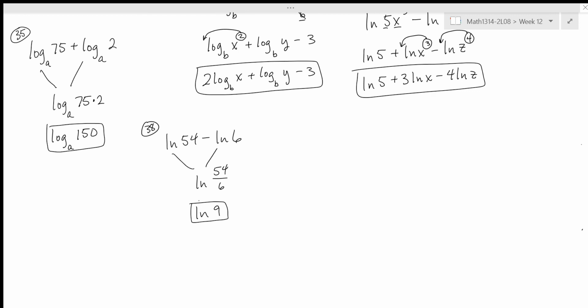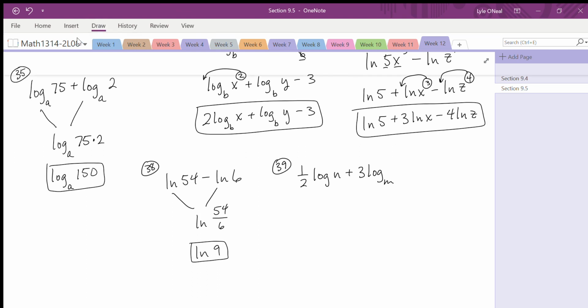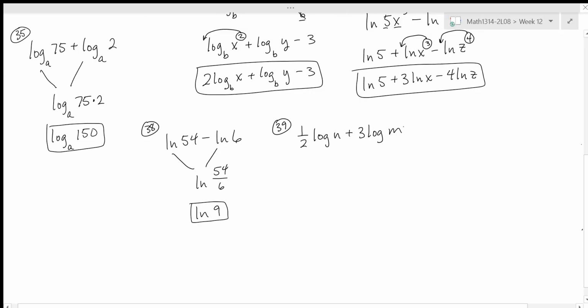39. We've got 1/2 log of n plus 3 log of, why did I make that a base? M. I was thinking about a base, I think, and that's why I made it a base.